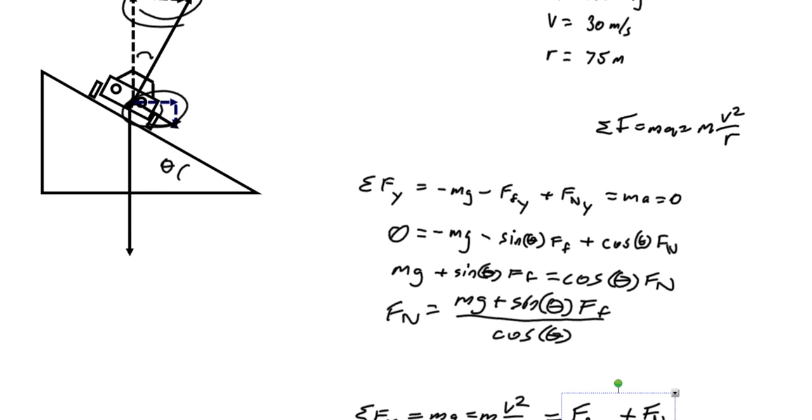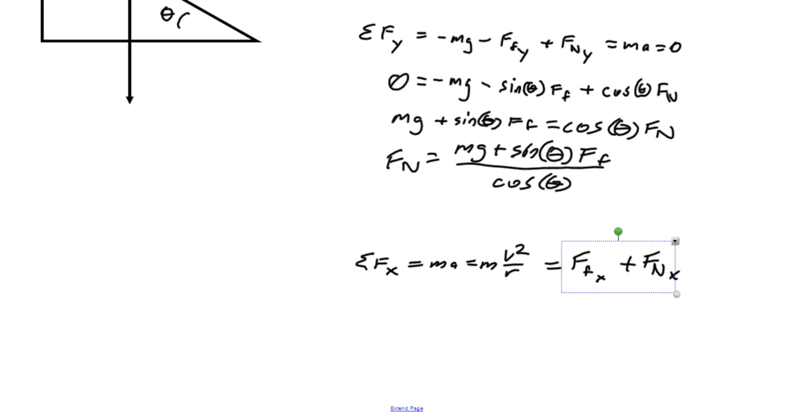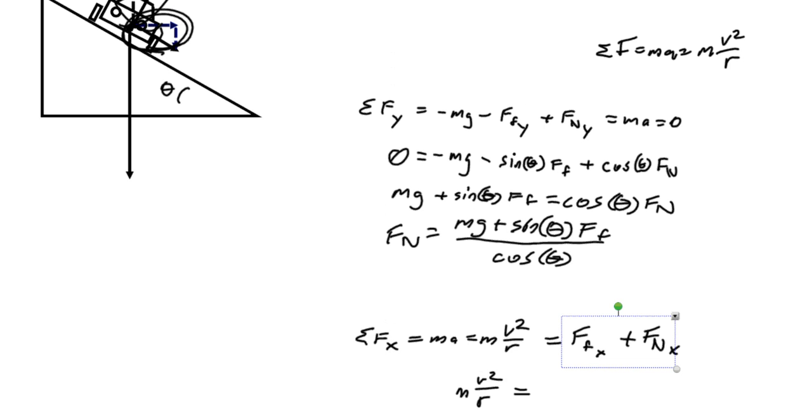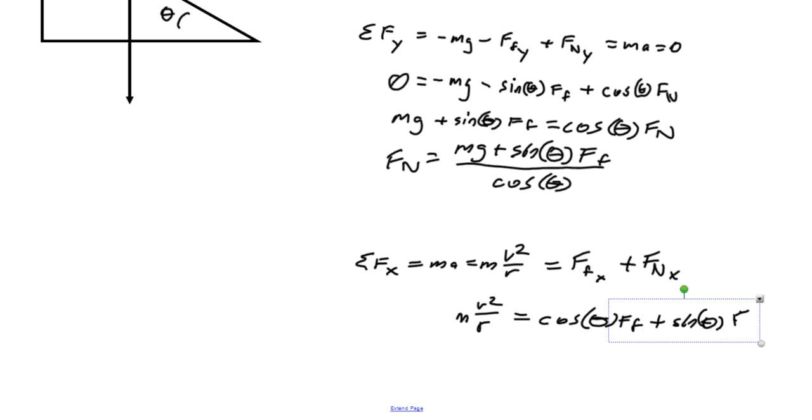All right, so looking at our triangle, that's going to be cosine theta for the friction force, and here we're looking at sine theta for the normal force. So mv squared over r equals cosine theta times the friction force plus sine theta times the normal force.